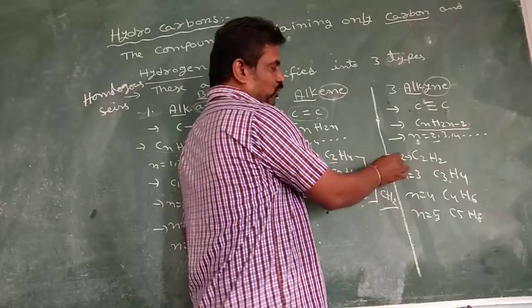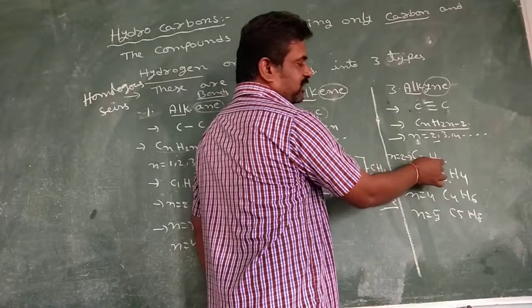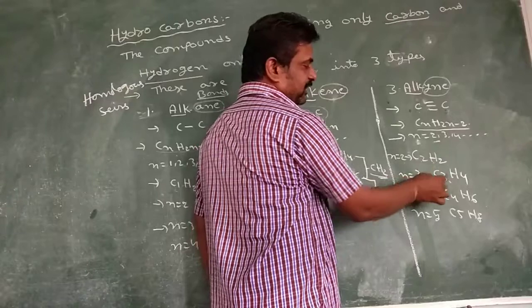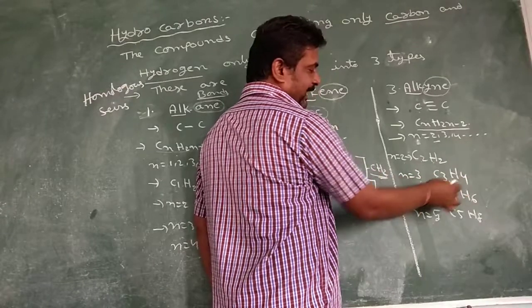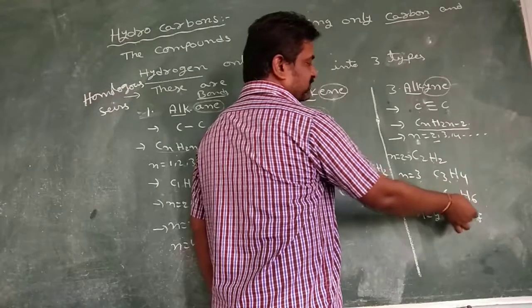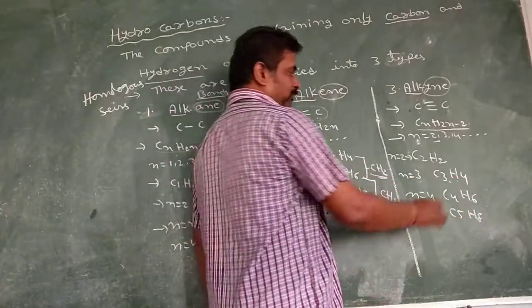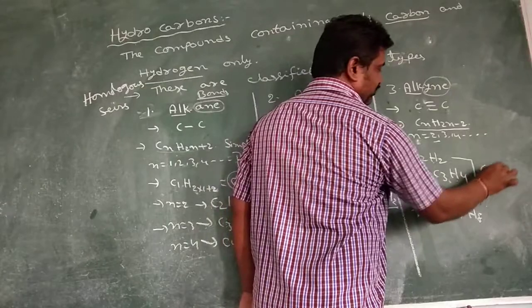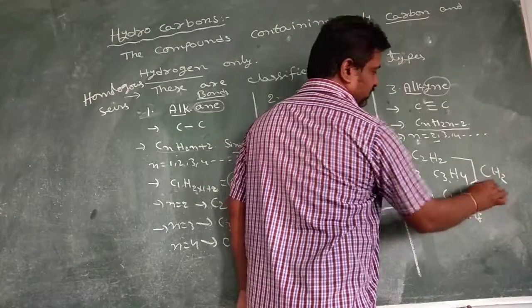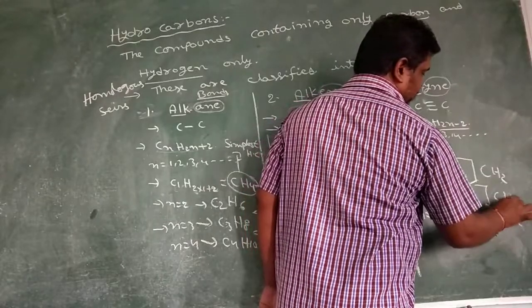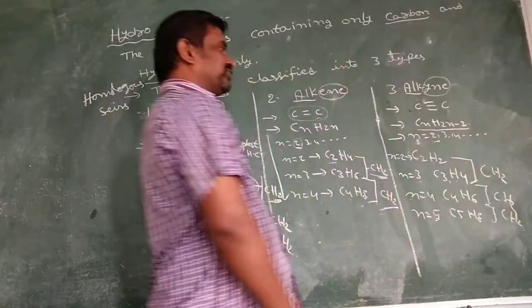If n is equal to 2, the compound is C2H2, ethyne. N is equal to 3, C3H4, propyne. N is equal to 4, C4H6, butyne. Like that. Here also observe the difference is CH2, so this is also a homologous series.